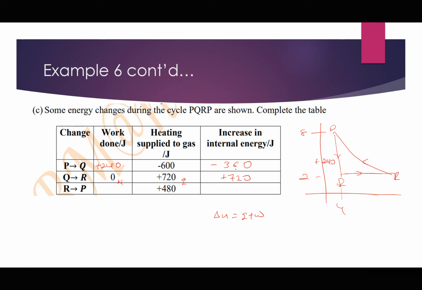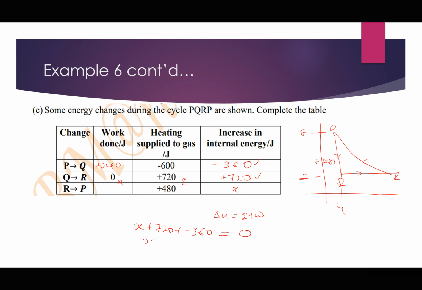That's negative 360. But remember, when we come back to point P, the total change in internal energy should be 0. When I move from P to Q, the change in internal energy is that. From Q to R, the change in internal energy is that. Then from R to P, the total should be 0. If I call this one X, then X plus 720 plus negative 360, the total of all these, will be 0.